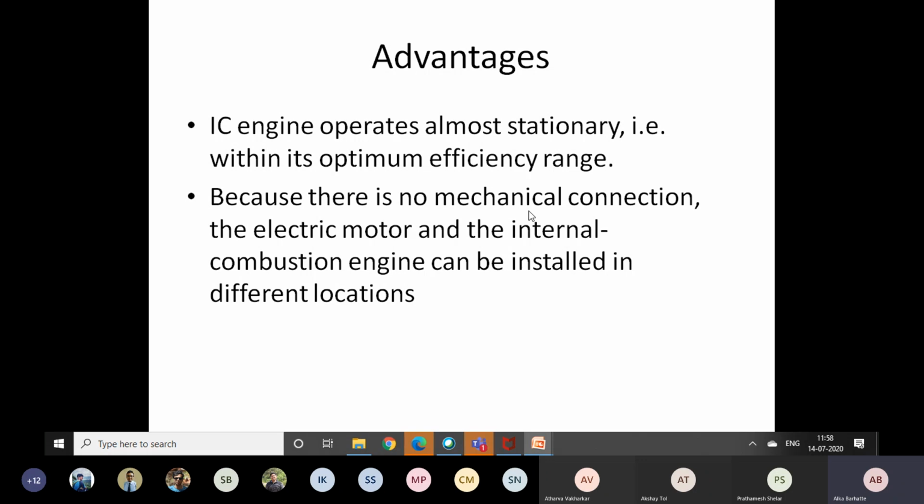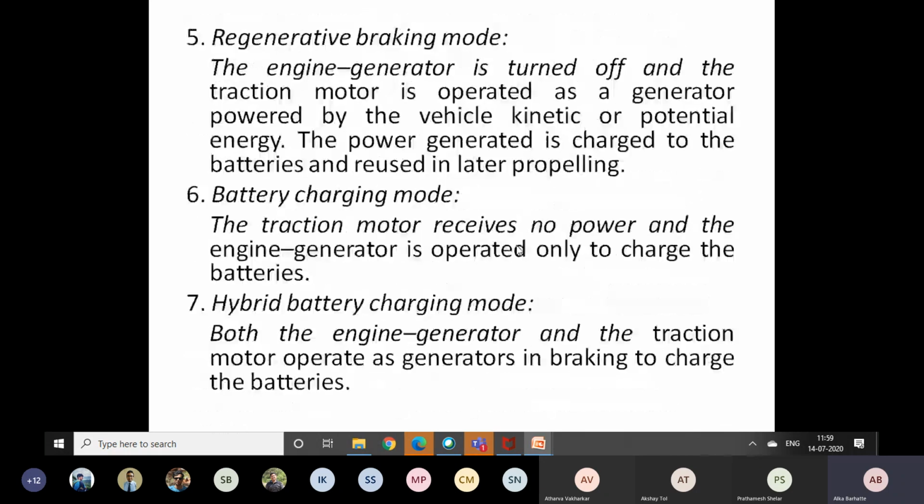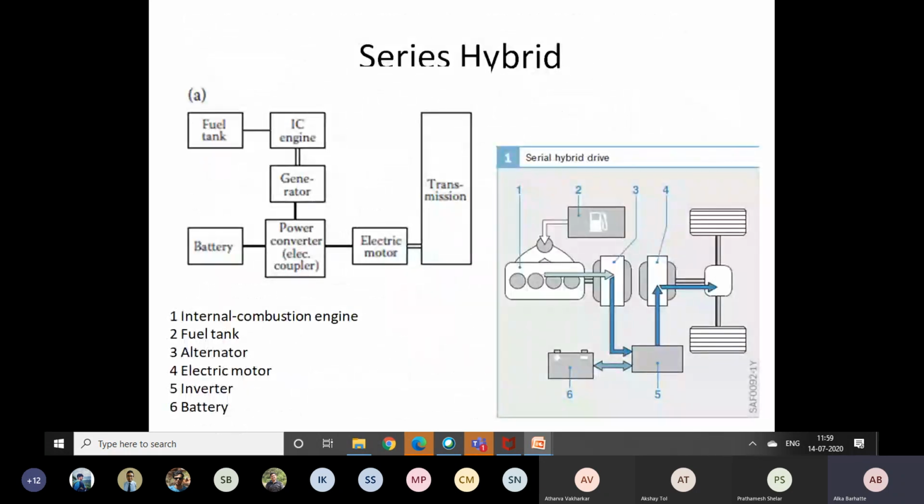And because there is no mechanical connection between your drives, it will be driven by the electric motor, and the internal combustion engine can be installed in a different location. Your drive system is connected through the electrical system. There is no mechanical coupling.